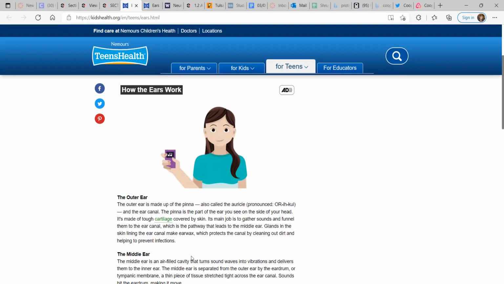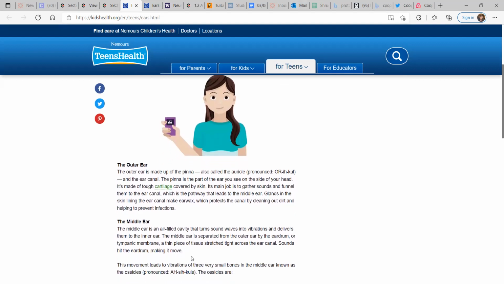The middle ear is this air-filled cavity, and its primary function is to turn those sound waves that the outer ear captures into vibrations. And then it sends them to the inner ear. The outer ear captures sound waves, the middle ear translates them into vibrations, and then sends them to the inner ear.